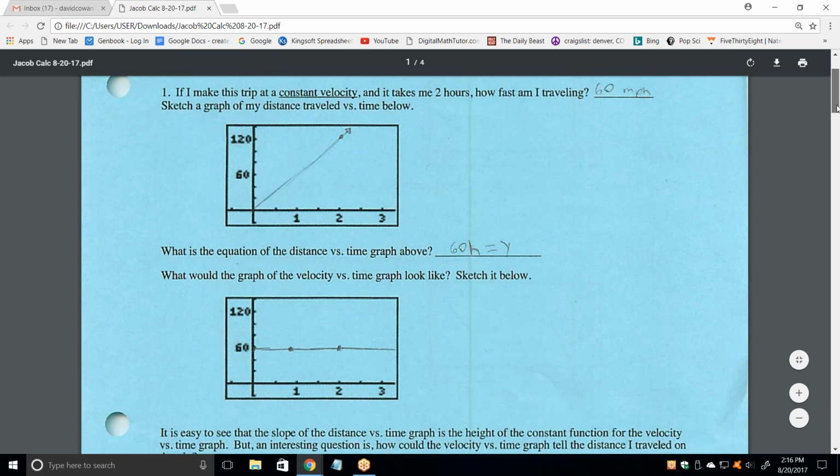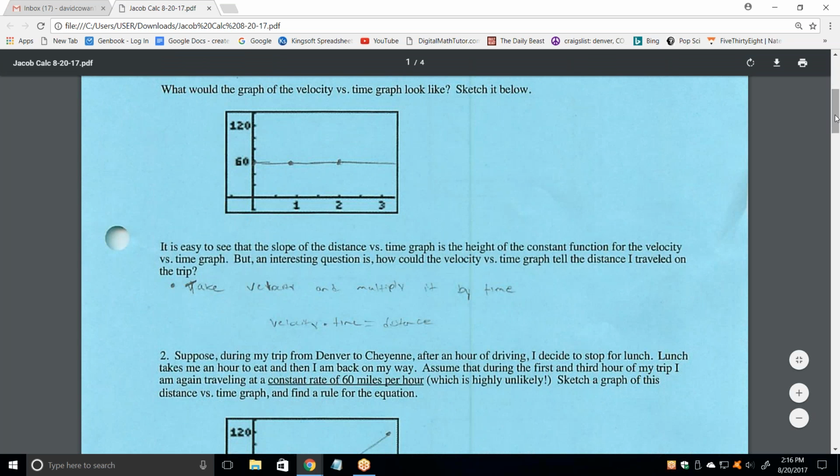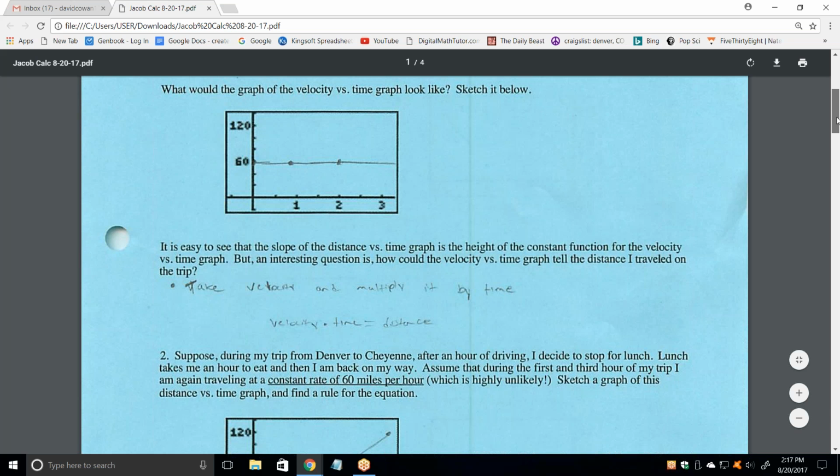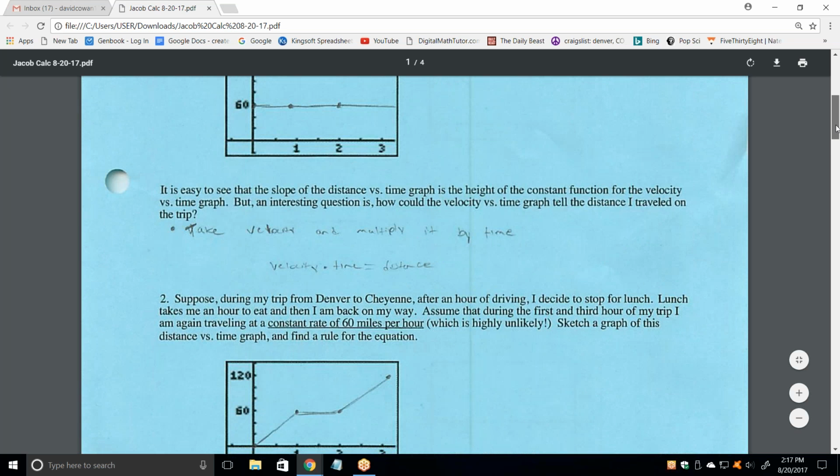And now, when they want you to draw this graph, the vertical axis is not distance, it's velocity. The horizontal axis is still hours, time in hours. But what this is saying is that you started at 60 miles an hour, you went 60 miles an hour the entire 3 hours, it was only 2 hours. That's why you need to change that. Okay? All right.